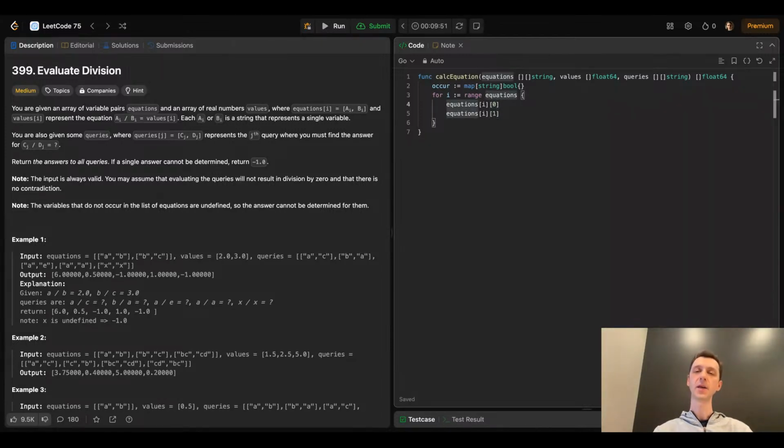Those are pairs, and we say that this equation is true. And now we know what actually occurs and what doesn't.